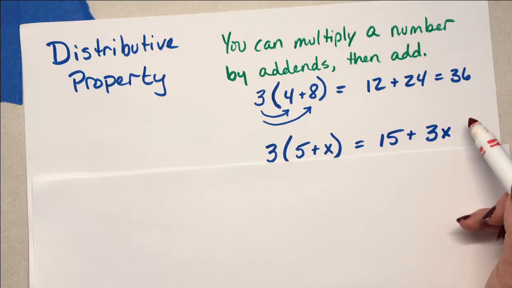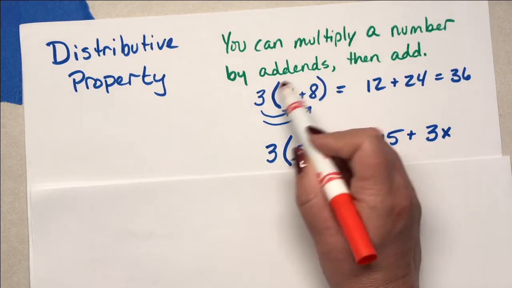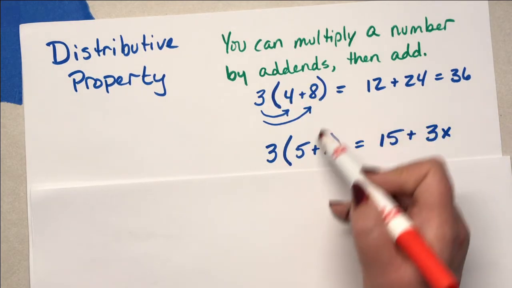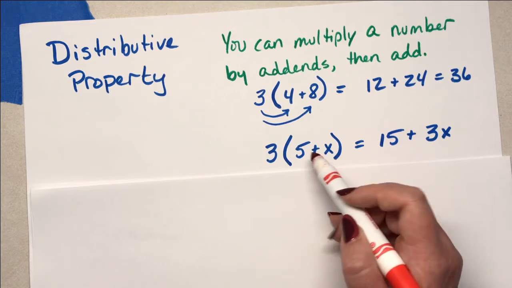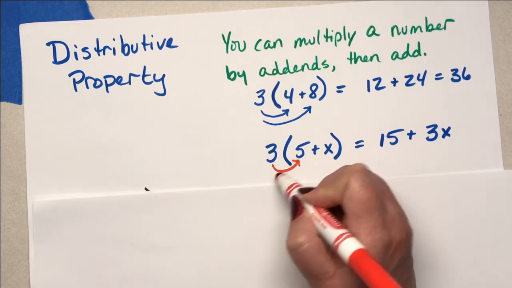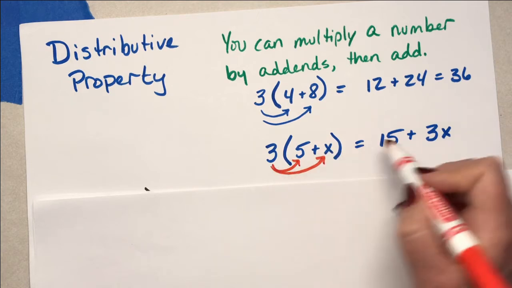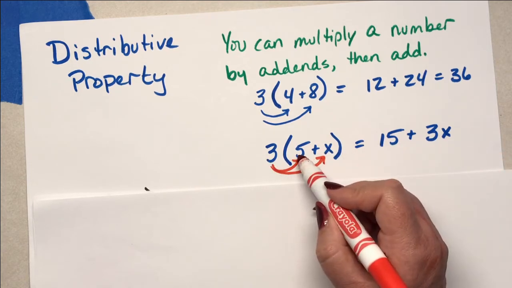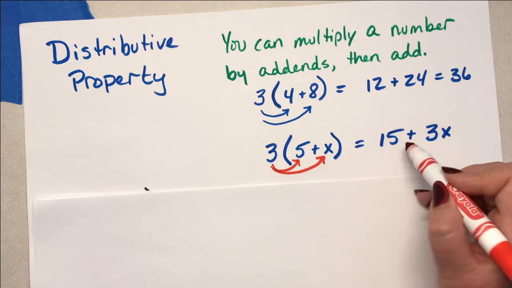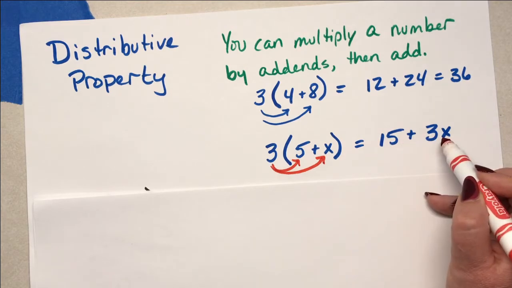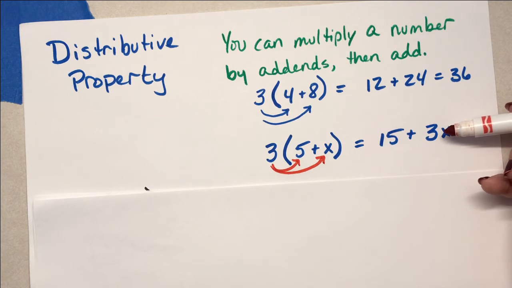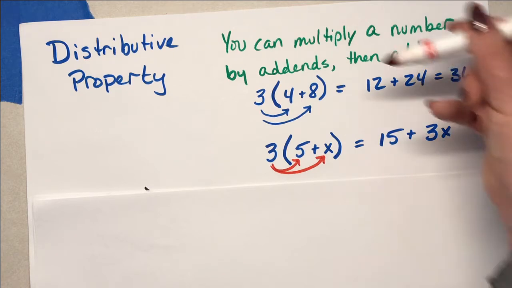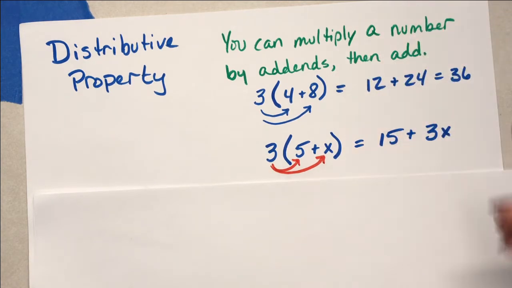This isn't helpful until you get a quantity that you can't just add together, like 5 plus x. If you don't know what x equals, then the distributive property is actually helpful, because it gives you 3 times 5 plus 3 times x. You can't combine these, so this is actually your final answer. We're going to do this later, but this is why you have to learn this.